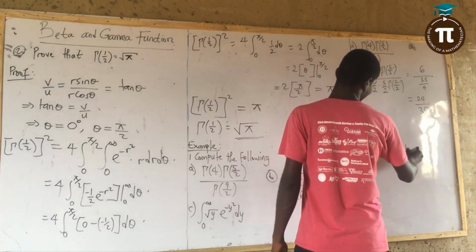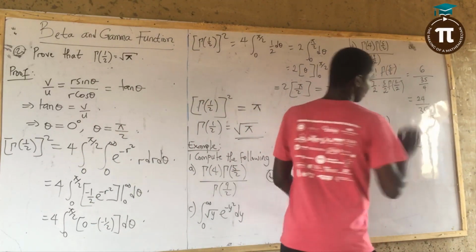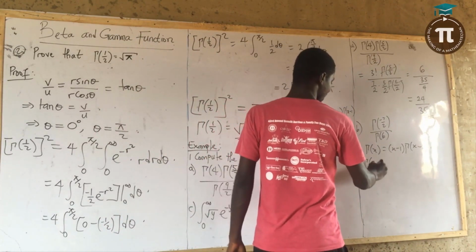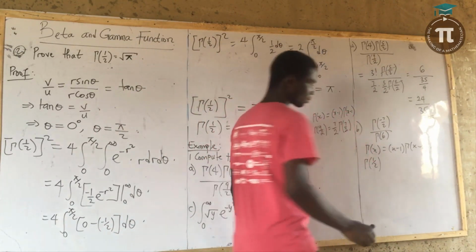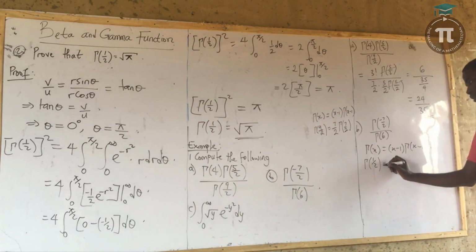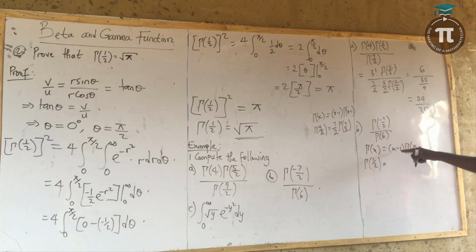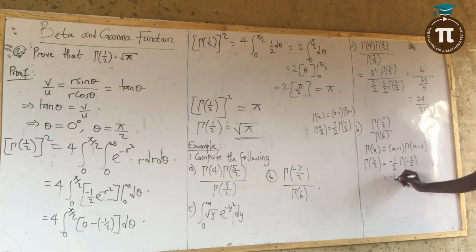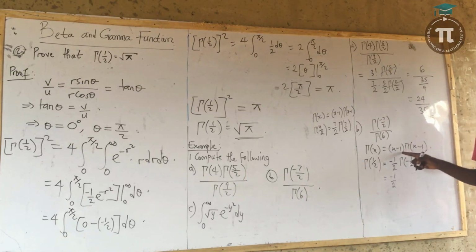Using this expression, gamma of s is equal to s minus 1, gamma of s minus 1, which we have proved in the first lecture, gamma of 1 over 2 will be equal to 1 over 2 minus 1, that is minus 1 over 2, gamma of minus 1 over 2.